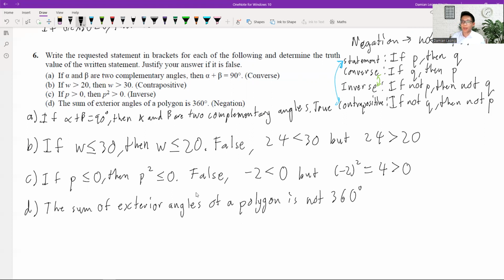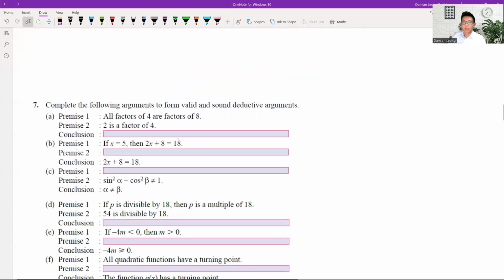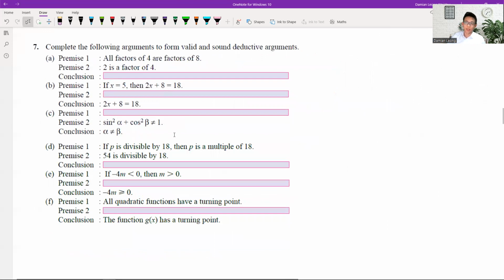After being negated, it is false, because the sum of exterior angles of a polygon is always 360 degrees, no matter what polygon. Okay, that's question 6.